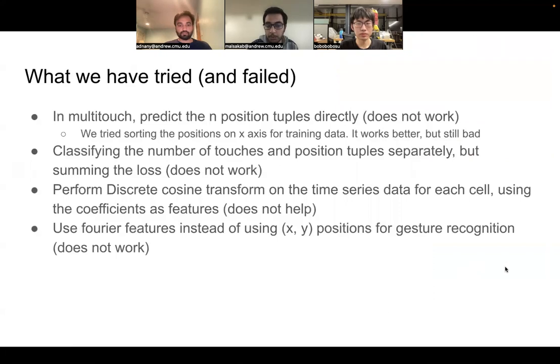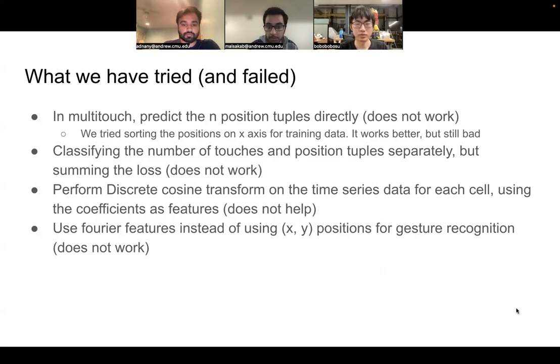In our work, we ran through multiple experiments, and most of them were failing experiments. However, we're going to report them. In multi-touch, we tried to predict the end position tuples directly, without using the CNN layers. This didn't work. Also, we tried classifying the number of touches and position tuples separately, but it didn't help.